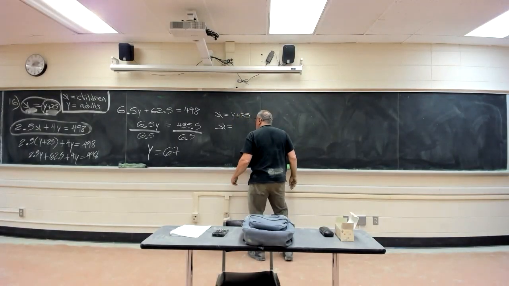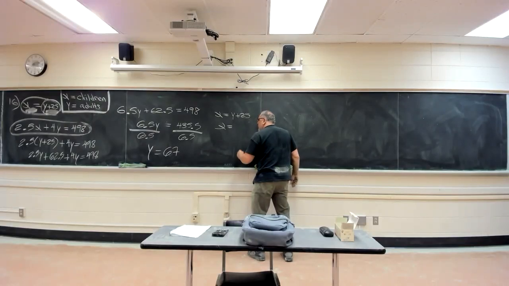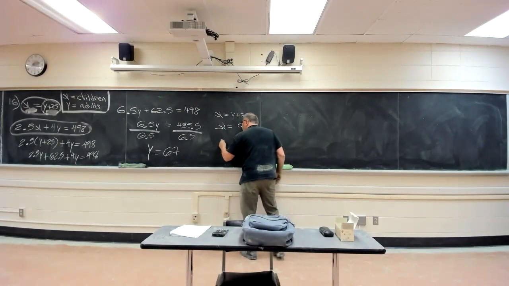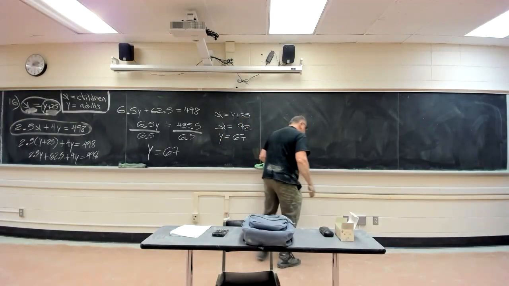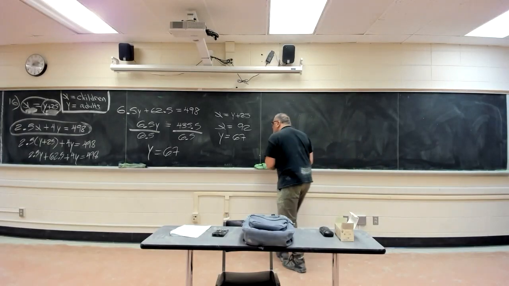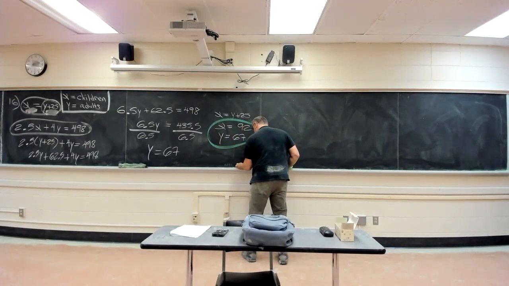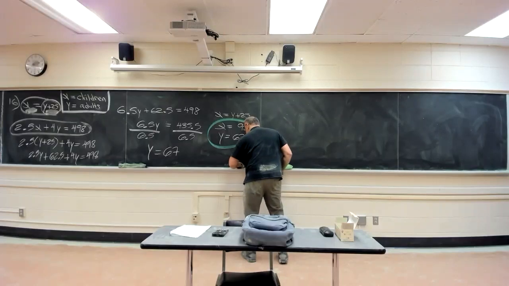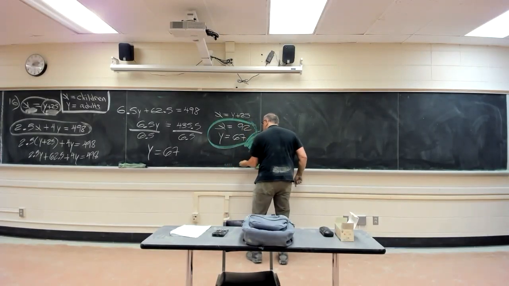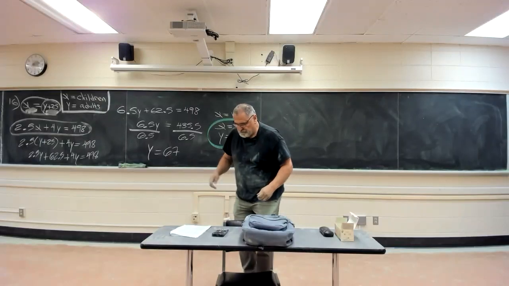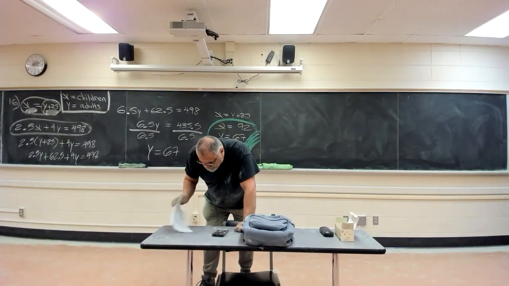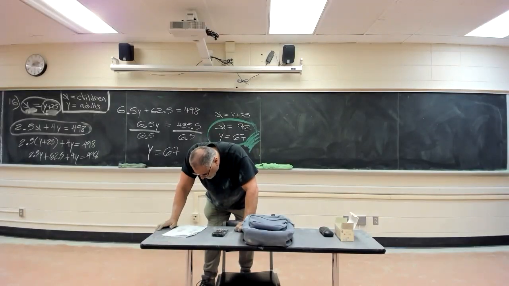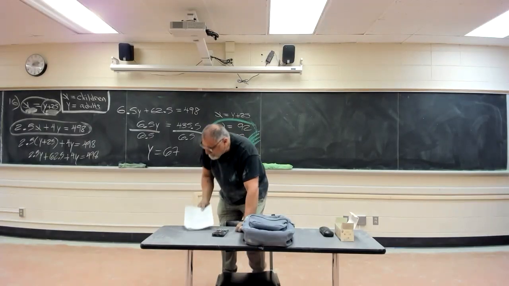That's going to be 92. 92 children, 67 adults. So let's see what we got here. Let's make sure we're not going in the wrong direction. Right, 67 adult tickets and 92 children's tickets were sold. Sounds good to me.